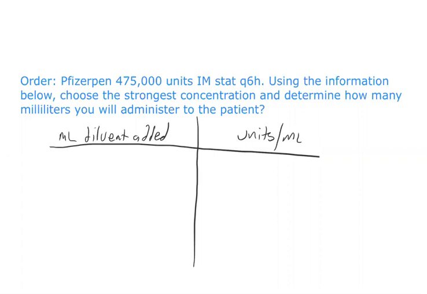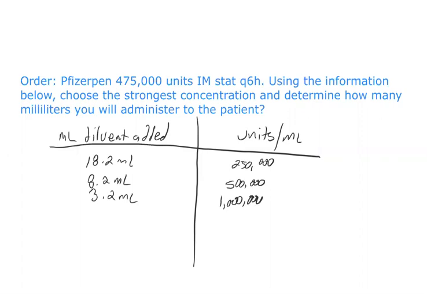And then what that looked like, I know you have it in front of you, but just in case you don't have it: 18.2 milliliters, 8.2 milliliters, and then 3.2 milliliters. And then the subsequent concentrations were 250,000, 500,000, and then 1 million. So the question says to choose the strongest concentration, okay?